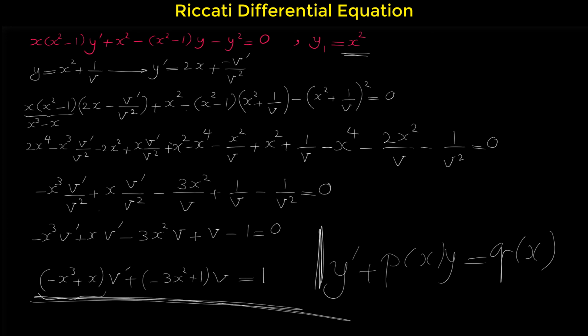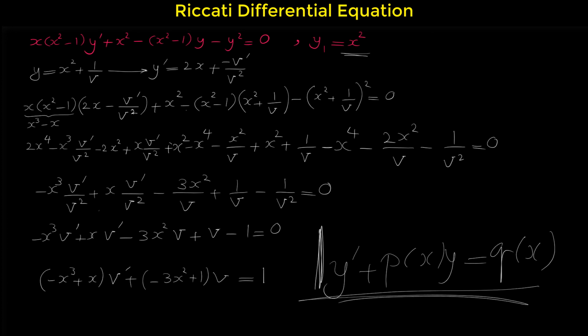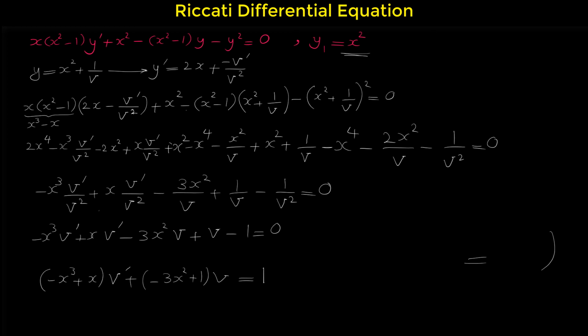So to really make it like this, first let's divide both sides by negative x^3 plus x, because in the standard form the coefficient of y prime is 1. So if we divide both sides by this, we have v prime plus negative 3x squared plus 1 over negative x^3 plus x times v equals 1 over negative x^3 plus x.